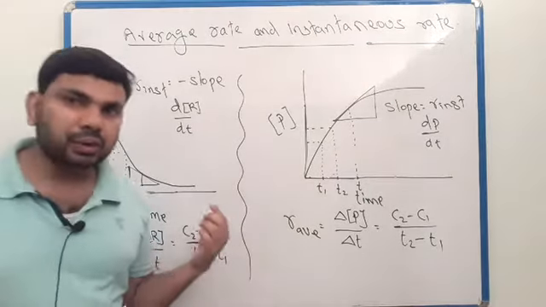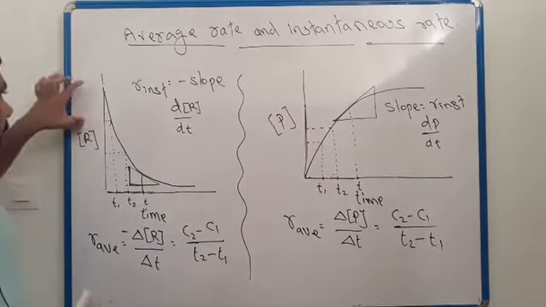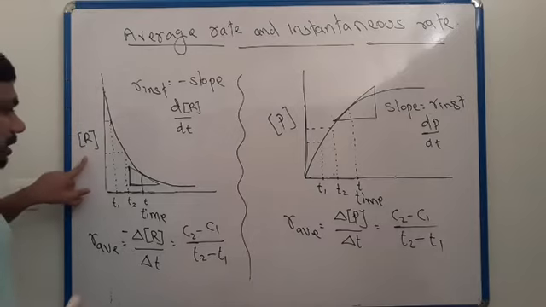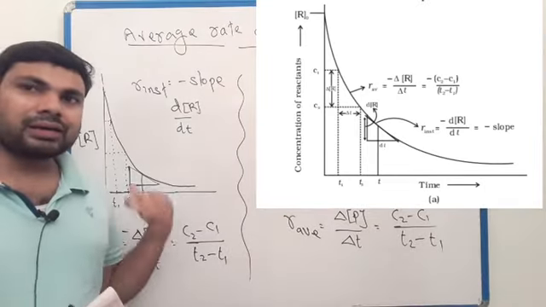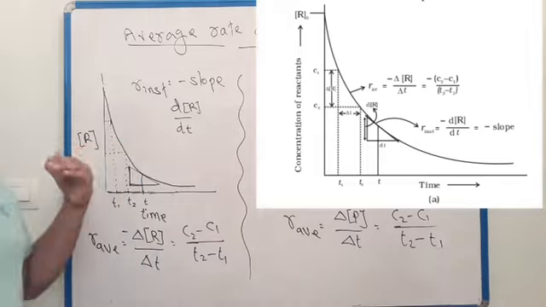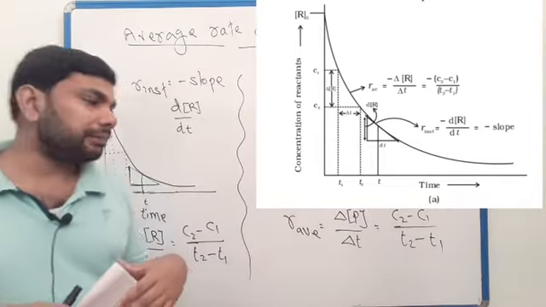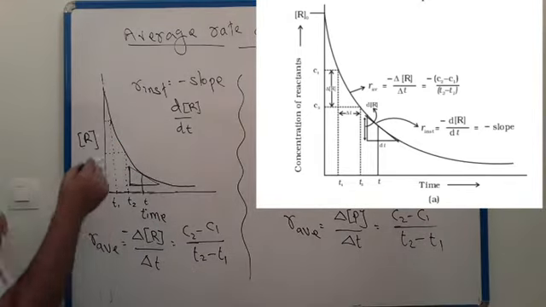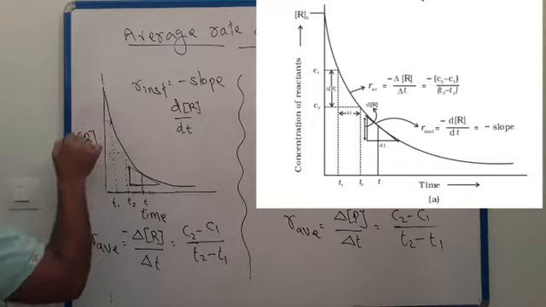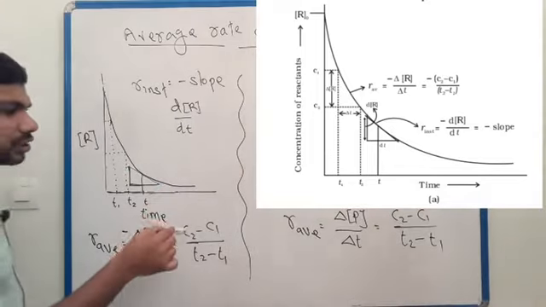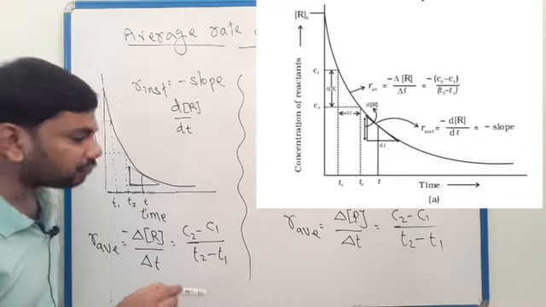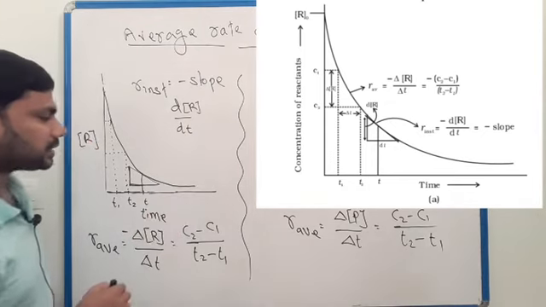In the first one, the y-axis is the concentration of reactant and the x-axis is time. The concentration of reactant decreases with time and finally becomes constant.